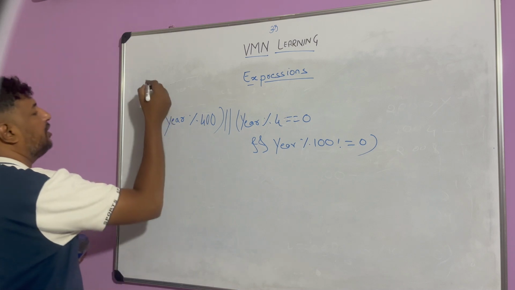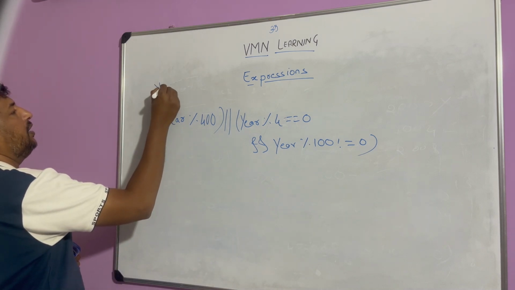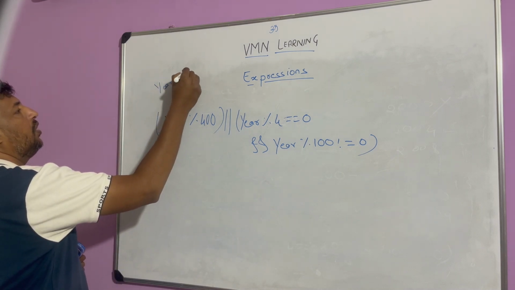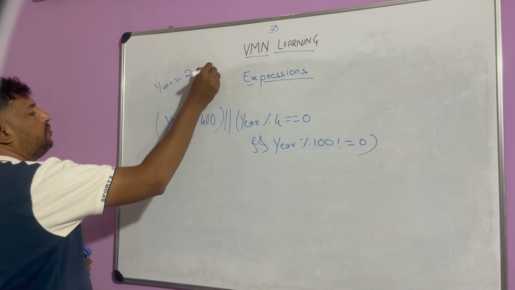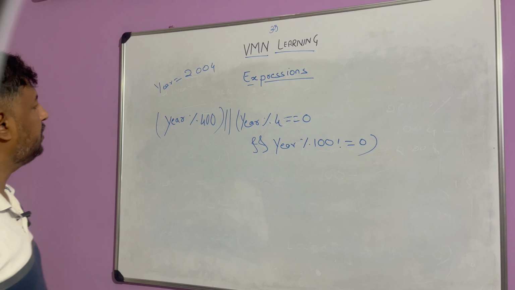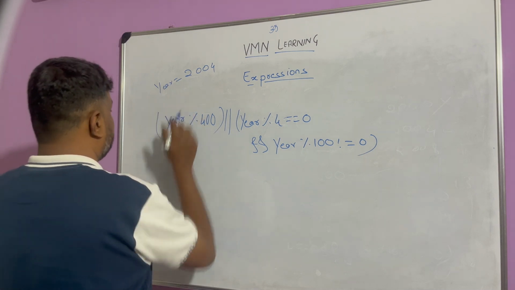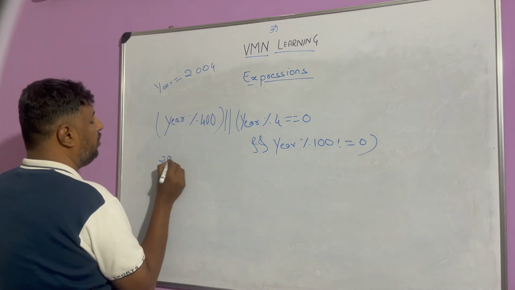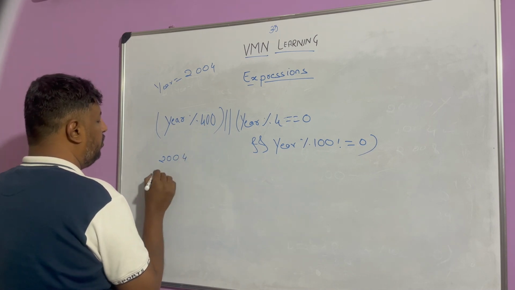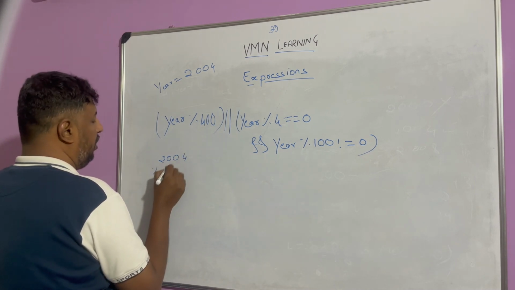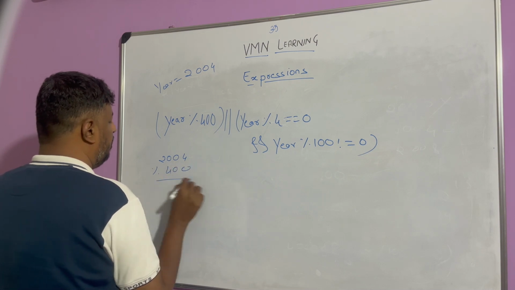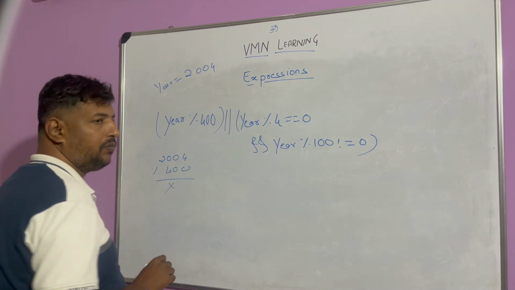Okay, let me say year is equal to 2004. Correct? Now substitute here 2004. Modular of 400 is not true, it's false.